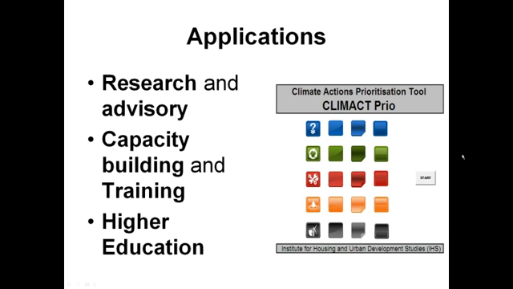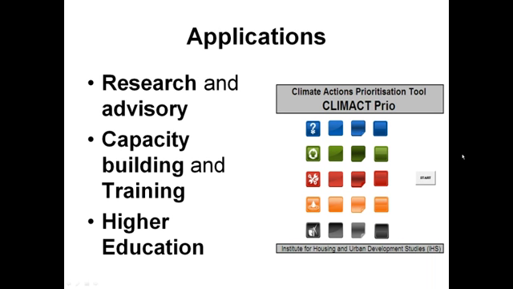We have applied this tool and we are using it in research and advisory activities, either to support local governments or to conduct research on how different priorities are integrated in the planning for climate change. Furthermore, this tool could be used for capacity building and training purposes.